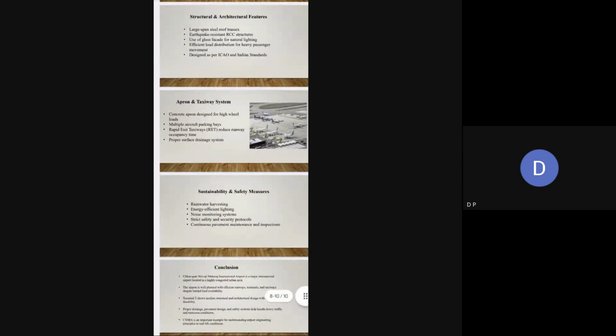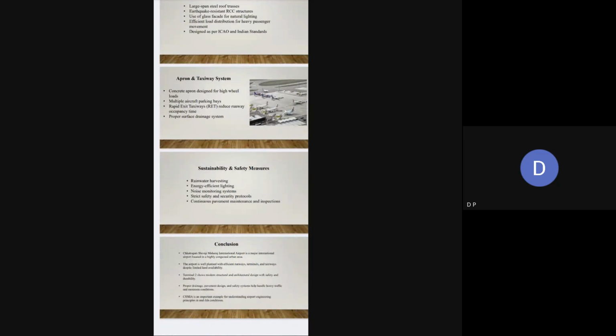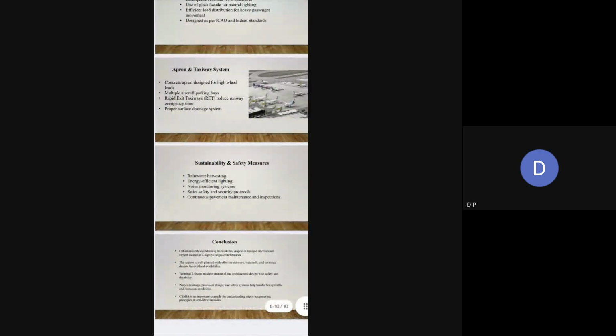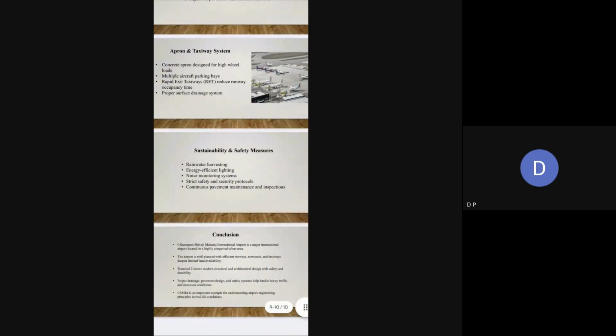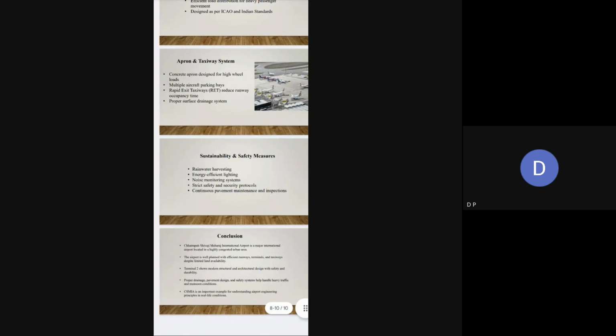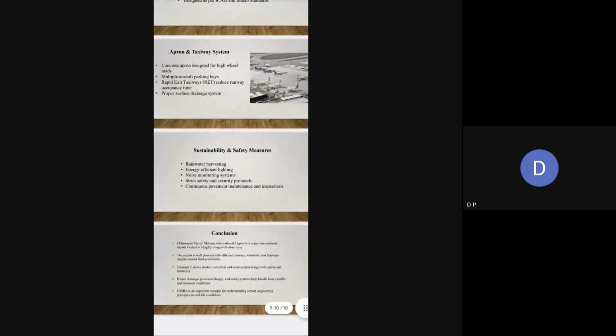Second, apron and taxiway system: concrete apron designed for high wheel loads, multiple aircraft parking bays, rapid exit taxiway to reduce runway occupancy time, proper surface drainage system. Third, sustainability and safety measures: rainwater harvesting, energy efficient lighting, noise monitoring system, continuous pavement maintenance and inspections.